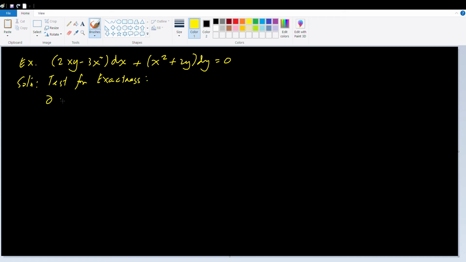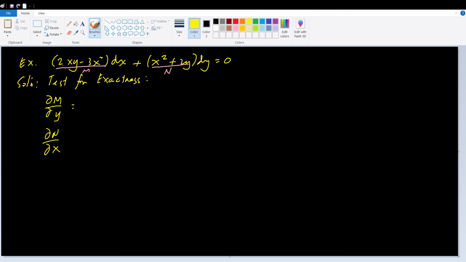we have to determine the partial of M with respect to y, and the partial of N with respect to x. For the given equation, the coefficient of dx is our M, while the coefficient of dy is our N. For the partial of M with respect to y, we take x as a constant.